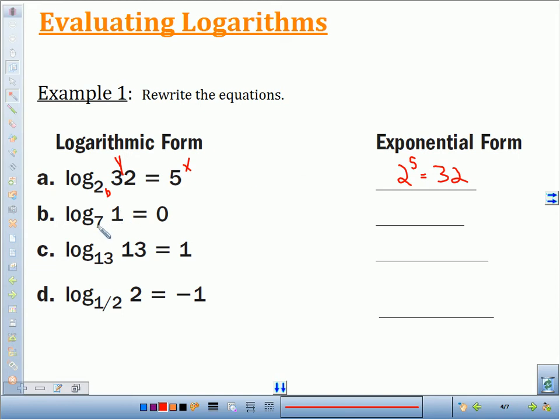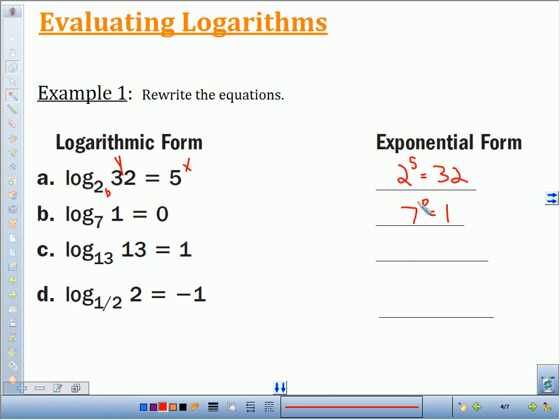If I have log base 7 of 1 equals 0, same idea. The base of the exponent and the base of the log are both 7. We raise 7 to the 0th power because x is 0, and that should equal y, which is 1.